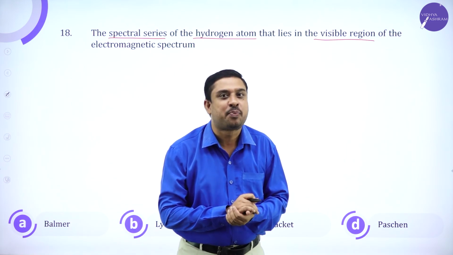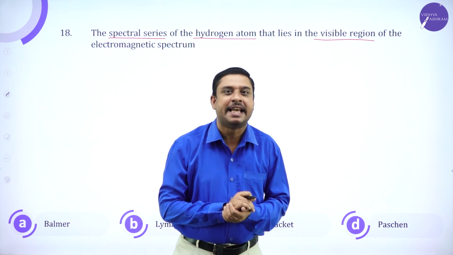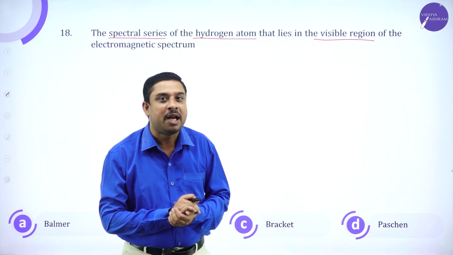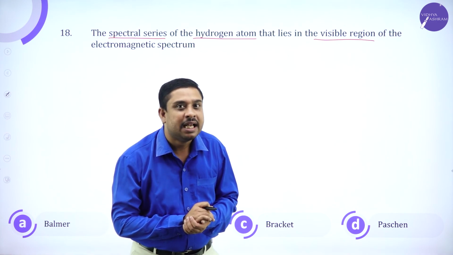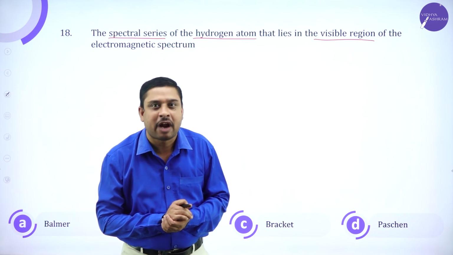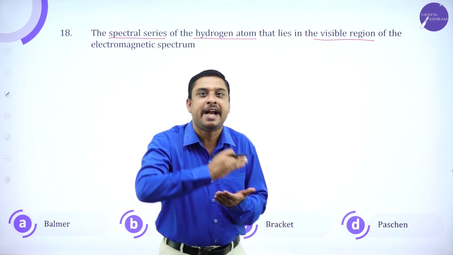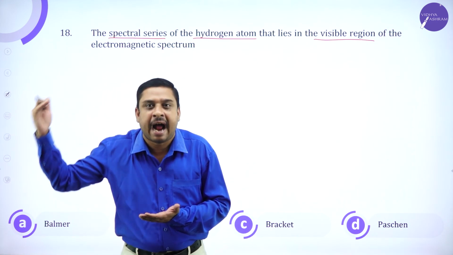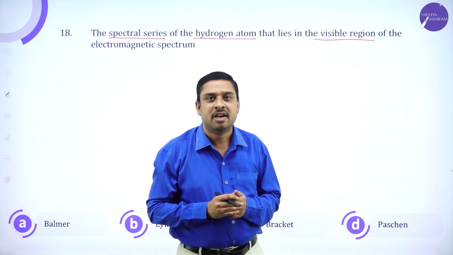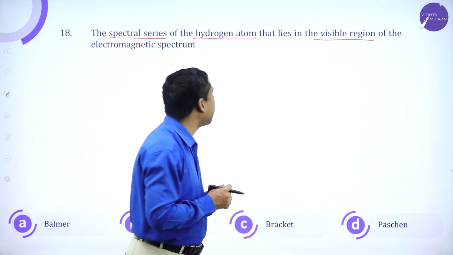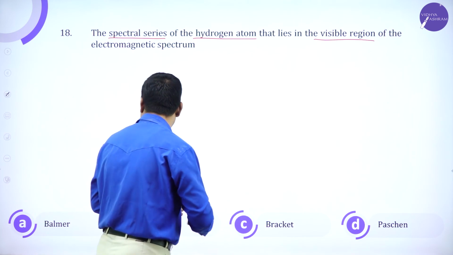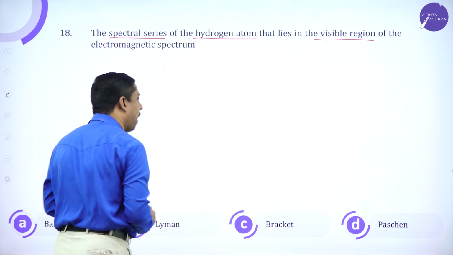Lyman series is present in the UV region. Balmer, visible. The next three, infrared. Near infrared, middle infrared, and far infrared. So which region is lying in the visible region? It has to be Balmer.